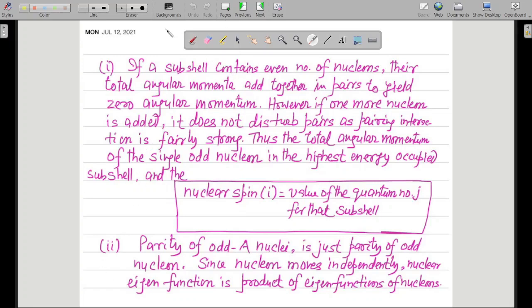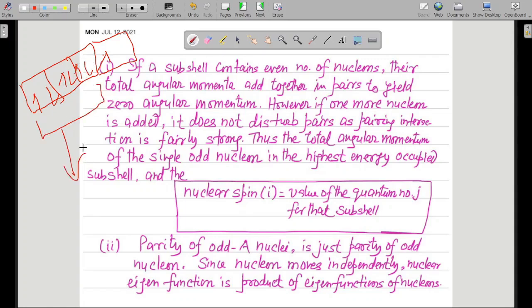As already drawn over here, 7 is an odd number, okay. So 1 2 3 4 5 6 7. You can clearly see that these six are paired. And this single one over here will be responsible for the nuclear spin, and whatever will be the value of J for this particular subshell, that will be equal to its nuclear spin. So that is the thing.